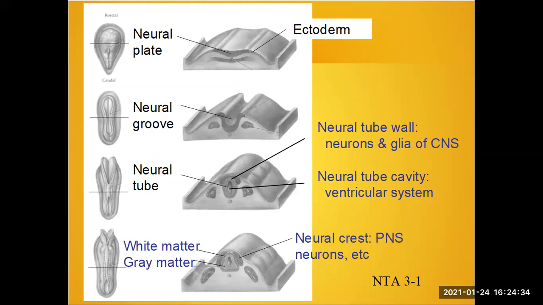In the picture, you can see neural plate, neural groove, neural tube, white matter and gray matter.